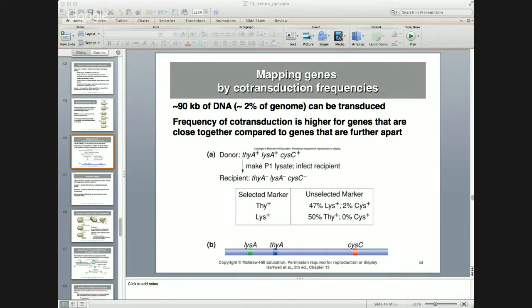So temperate phages have the ability of using either the lytic cycle or the lysogenic cycle. Some phage are purely lytic, and some are purely lysogenic. But you have phage particles that could switch between either type depending on the environment that the bacterium is in.